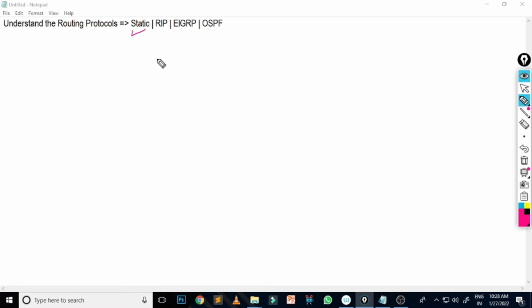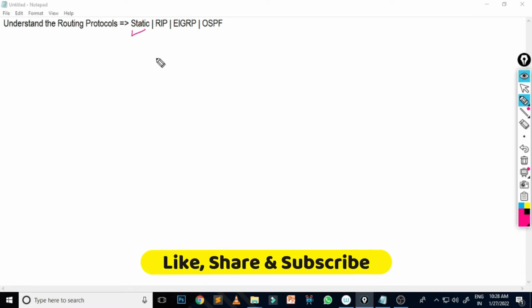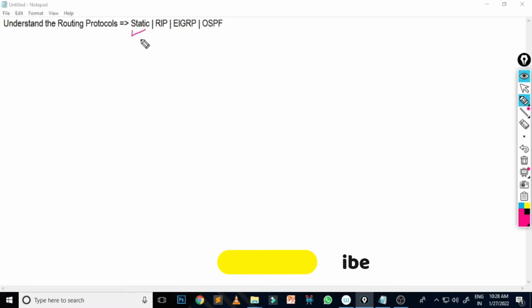There are multiple networks available in it, and you will not know how to configure, where to configure, or which route to configure in which direction, right? So you will get confused. That's the reason static routing can be configured on a small network only.